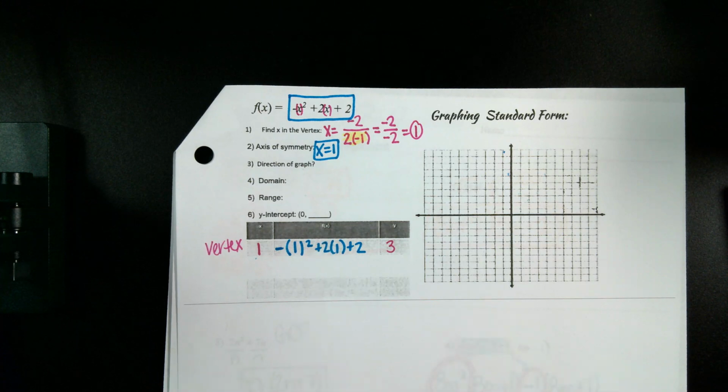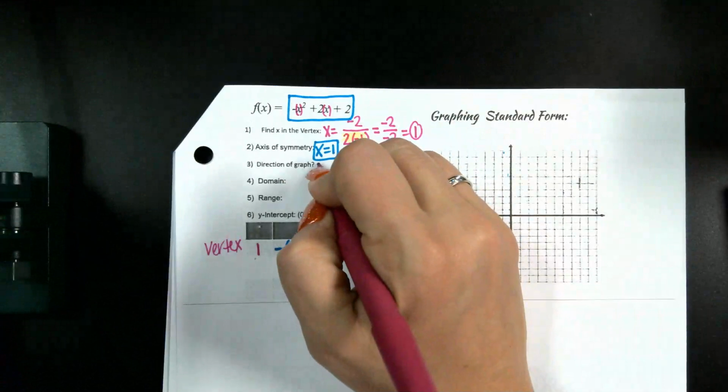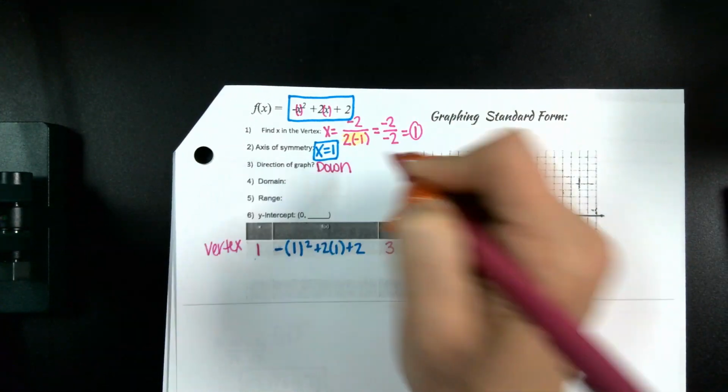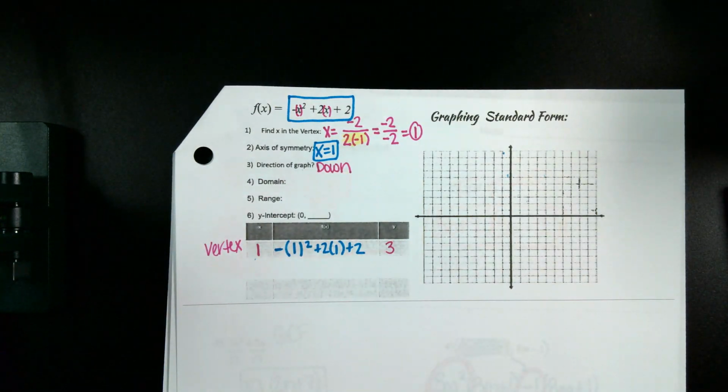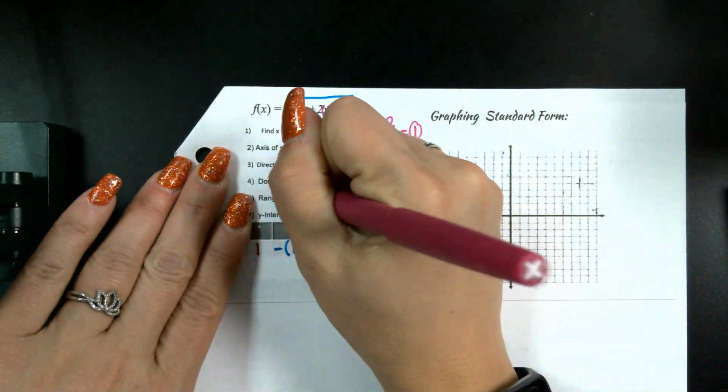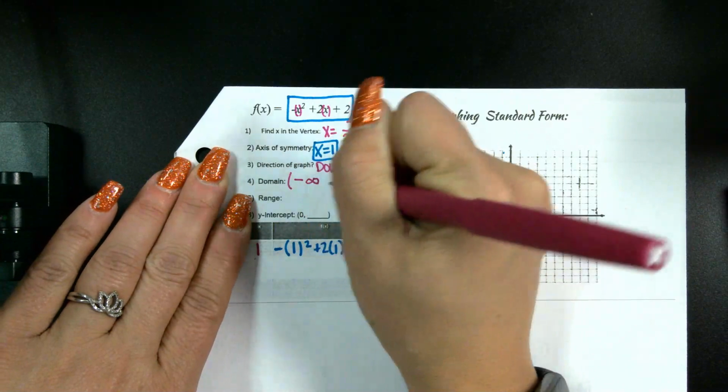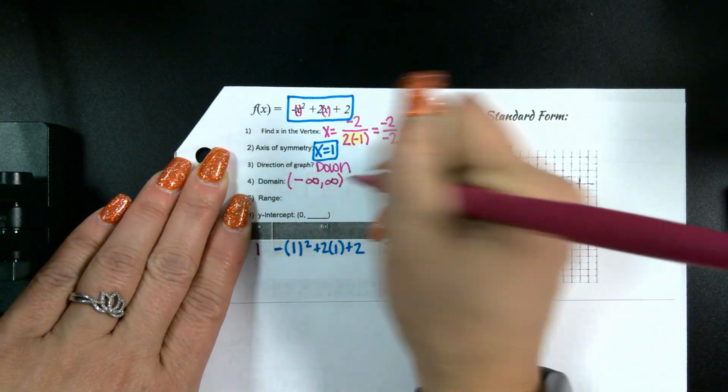Which way will this graph face? Down because it's negative out front. Your domain is always the same answer. So all reals or -infinity to +infinity.